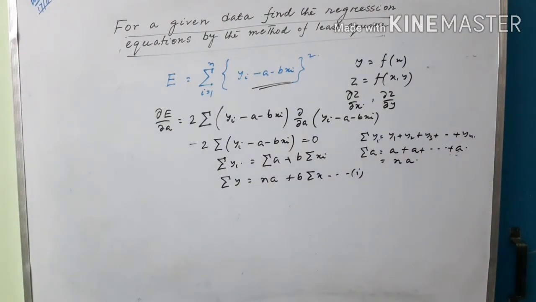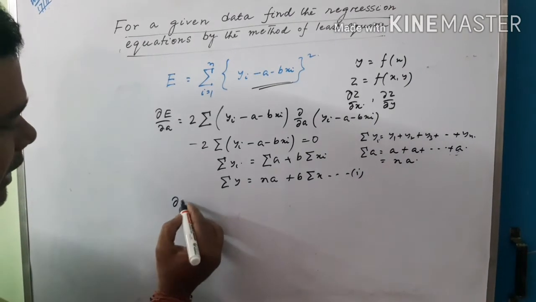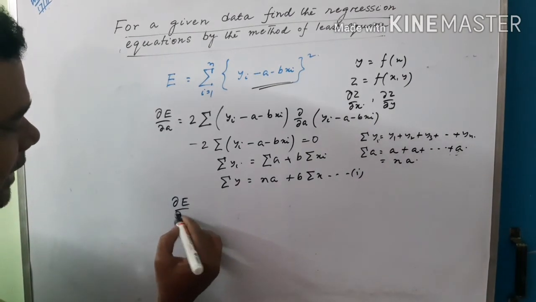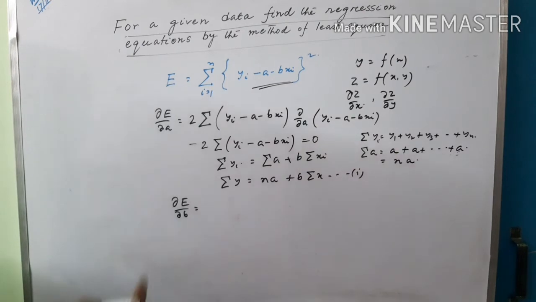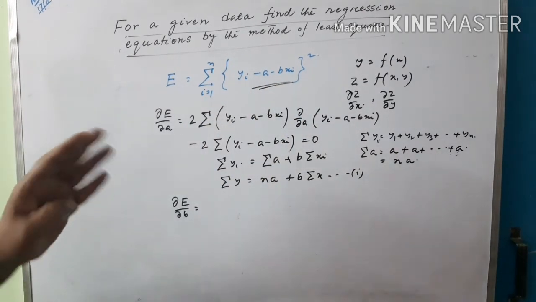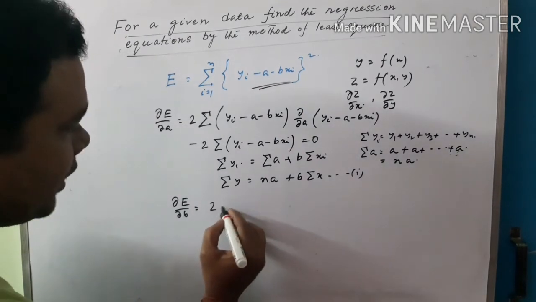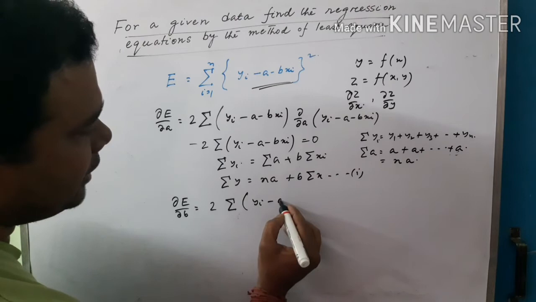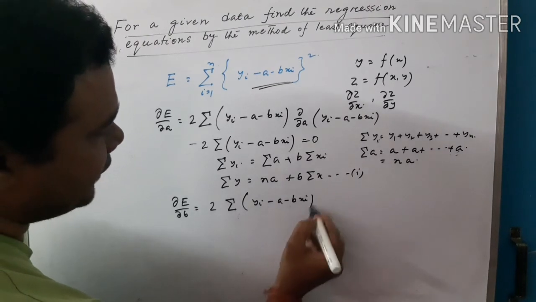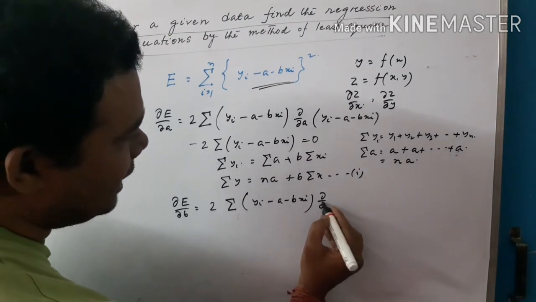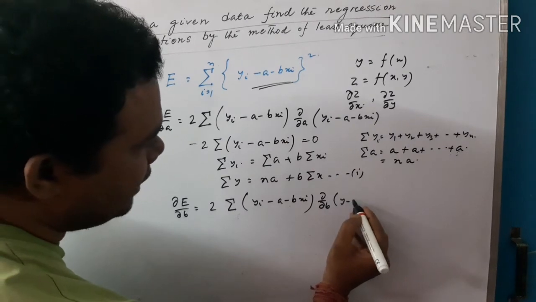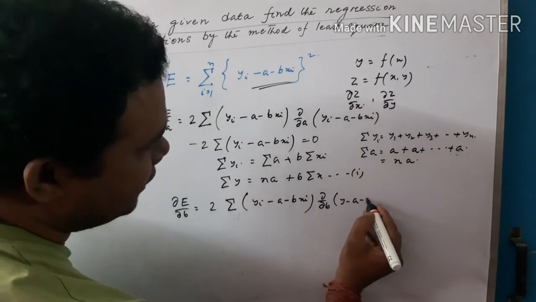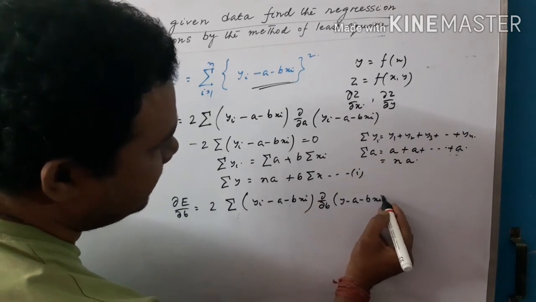Again we shall differentiate the same e with respect to b, that is del e by del b. Again it's a differentiation of a square function. So 2 into sigma (yi minus a minus bxi) into del b of (yi minus a minus bxi).